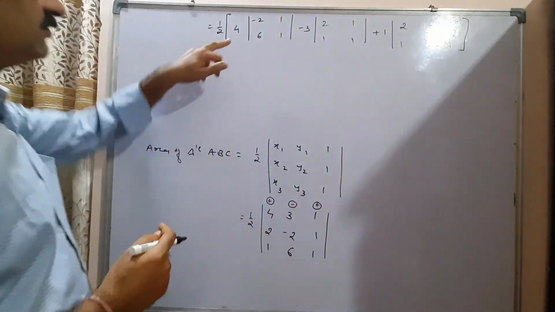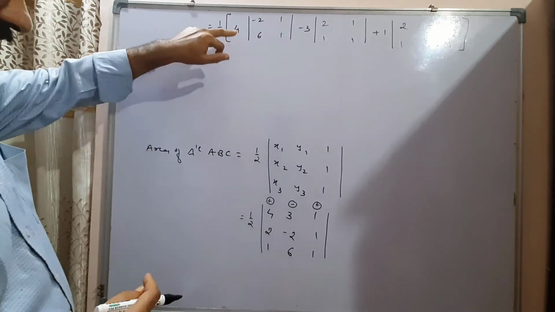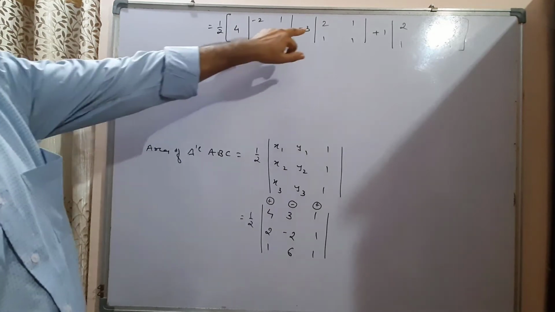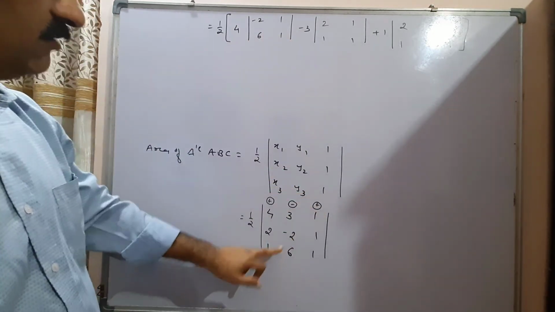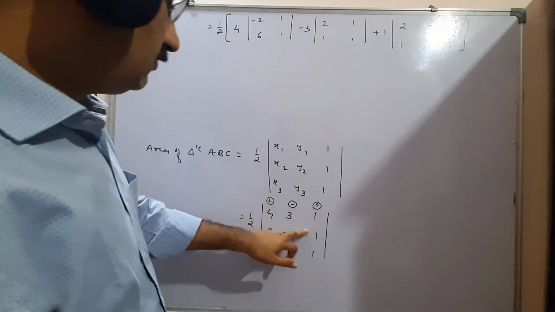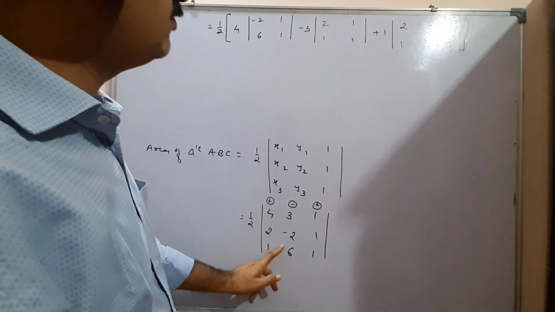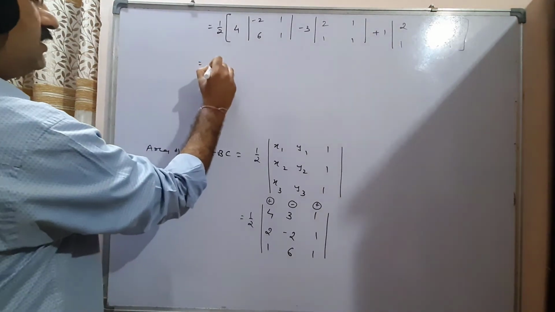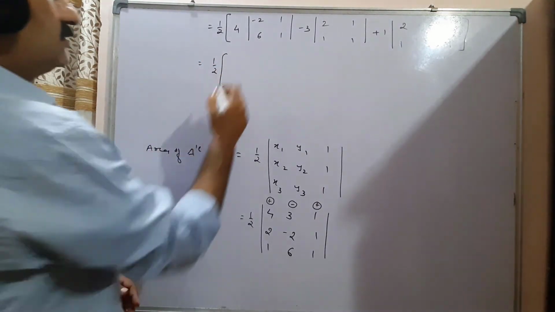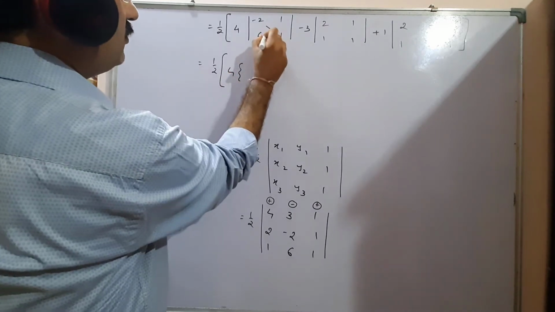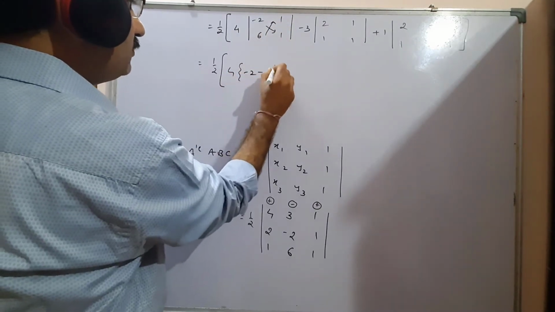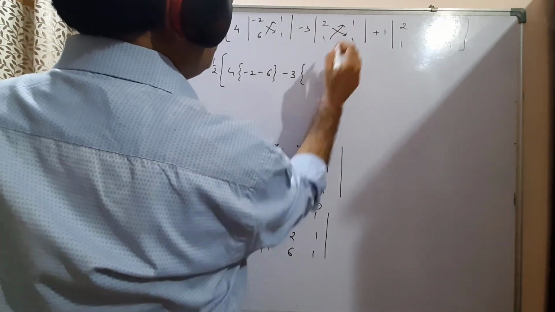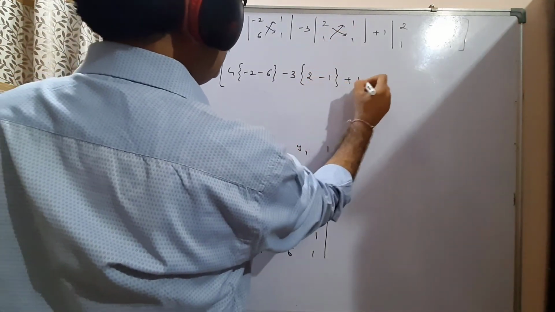So we check whether it is correct or wrong. 4, drop this row, this column, minus 2 1 6 1. Then minus 3, drop this row and this column, 2 1 1 1. Then plus 1, again drop this row and this column, 2 minus 2 1 6. Now keep this half as it is. Again we simplify, take cross multiplication, minus 2 minus 6. Again minus 3, cross multiplication, 2 minus 1.